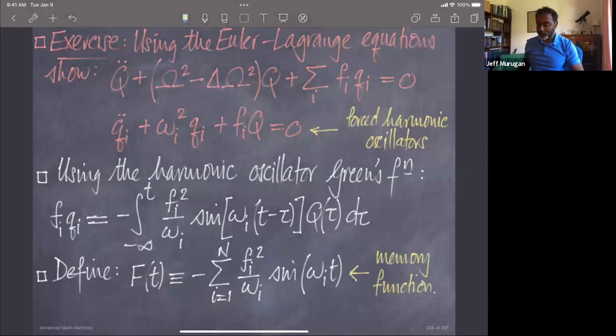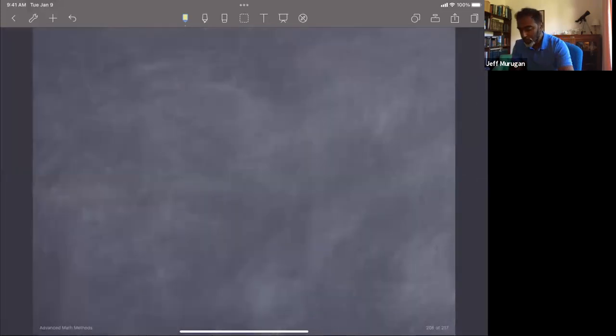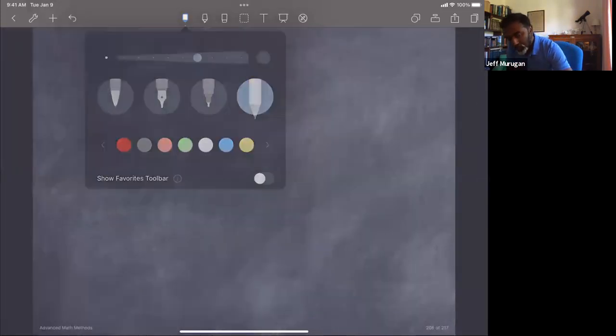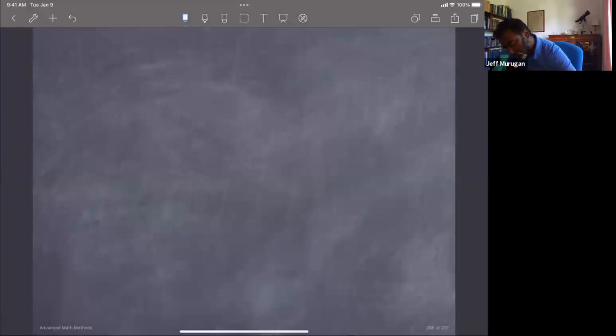So that in terms of the memory function, the first equation for the macroscopic variable that I'm really interested in, capital Q, can be written as follows.